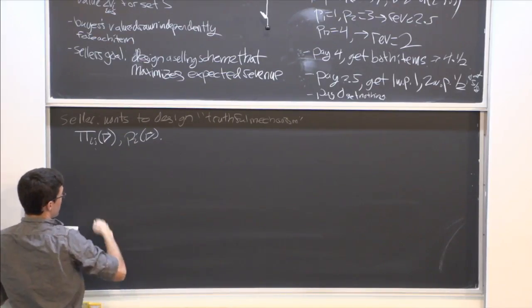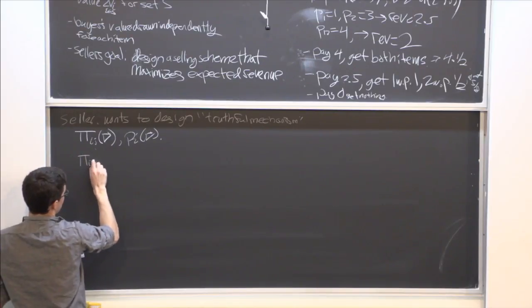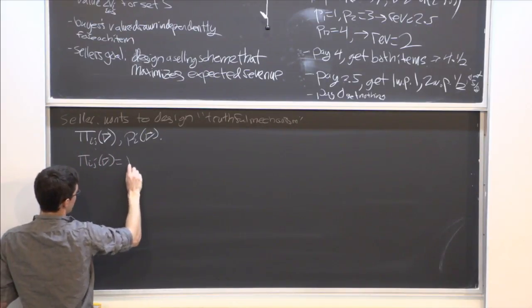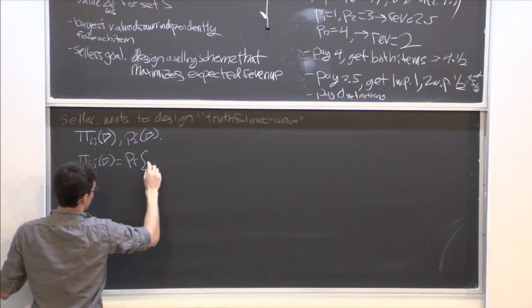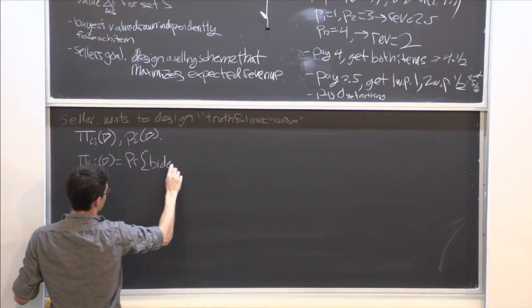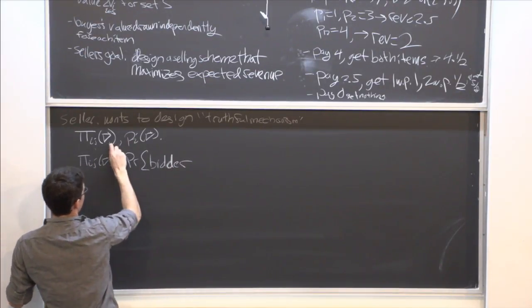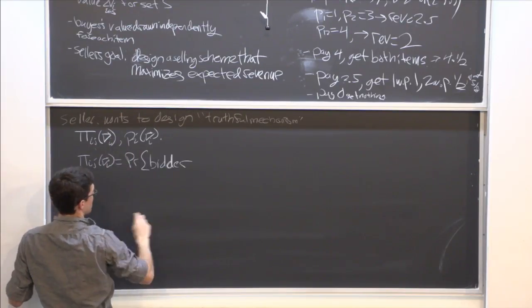And I want to use these variables to denote the probability that, sorry, let me index these by i.